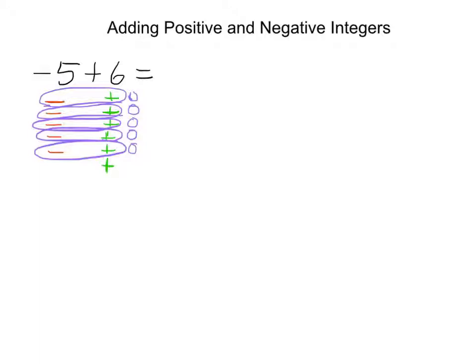And then we're left with one last value at the very end. And this last value is the value that we're actually looking at as being our answer. So this one positive sign is our answer, and one positive is representative of positive 1. So that's how we solve that problem, is we just look at it and figure out I have one value that was not canceled out in a zero pair, so all I have left is that one value.